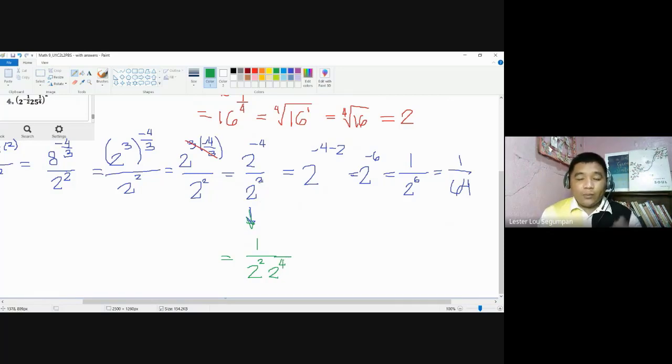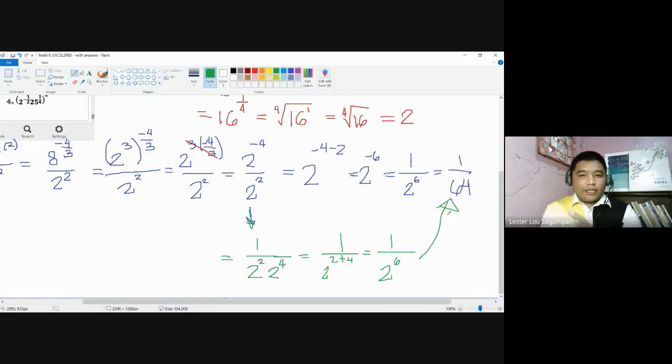The 2 squared is retained there because its exponent is a positive number. With this, you can apply the multiplication law on the denominator alone. So you'll have 1 over 2 to the power of 2 plus 4, which yields 1 over 2 to the power of 6, still 1 over 64.